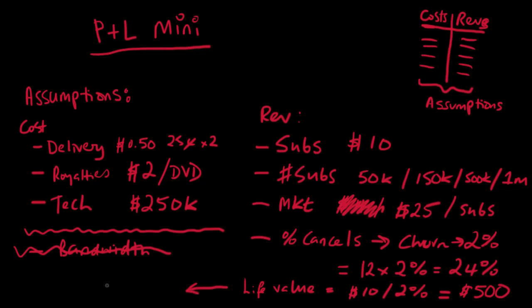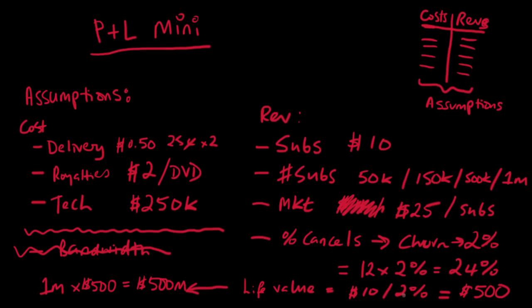So already at this stage, I know that if we acquire 1 million users over our first year, this is going to be worth $500 million to us over the life of the business.